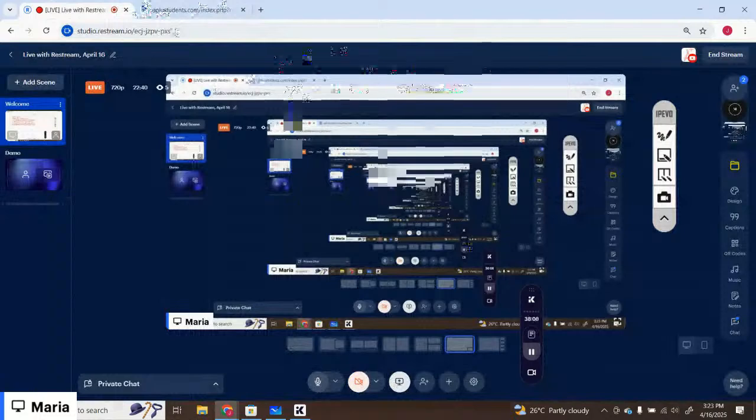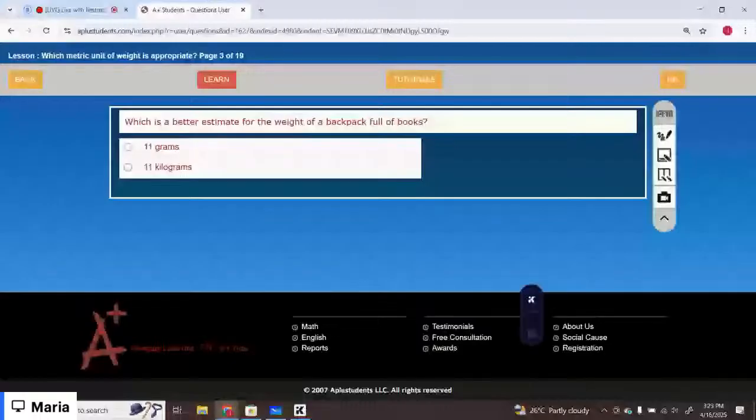Just 1 minute. Okay, which is the better estimate for the weight of books? 11 grams, 11 kilograms. But 2 is the correct option.